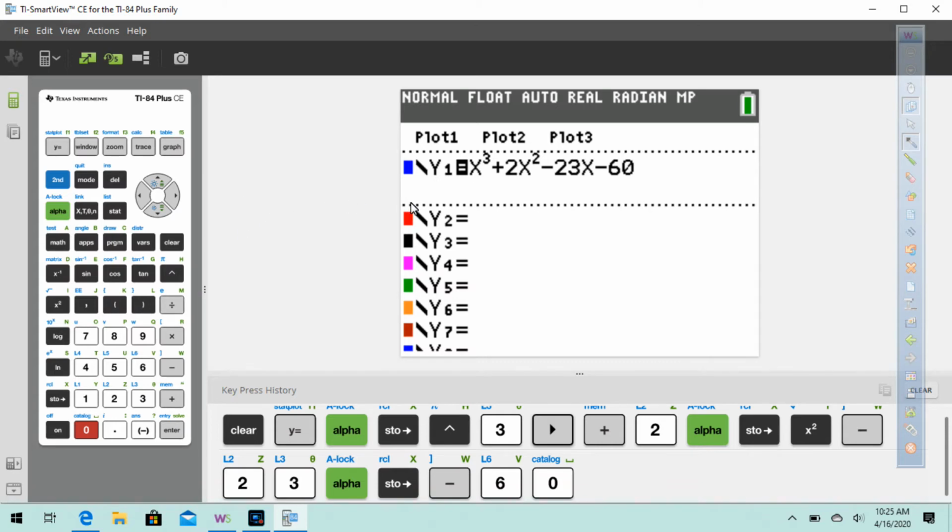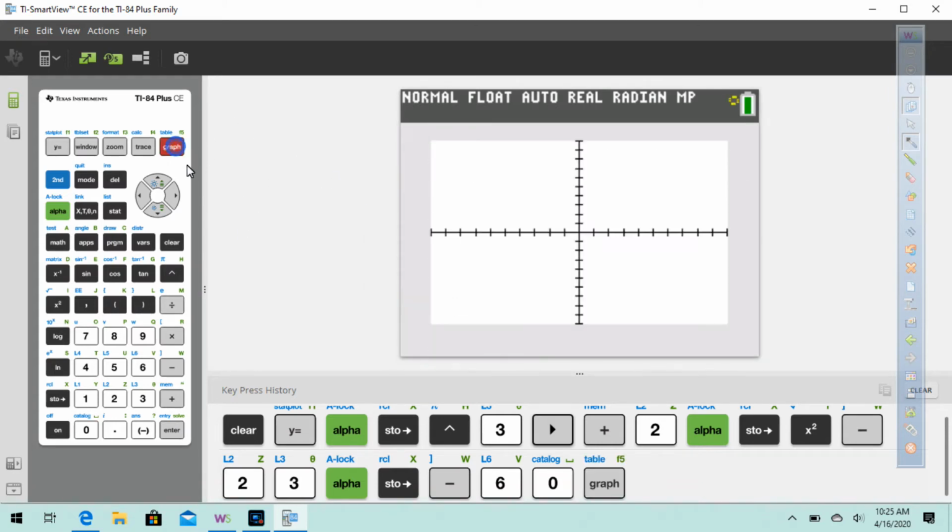And there we go. Since I've got it highlighted, we'll press graph, and there it goes.